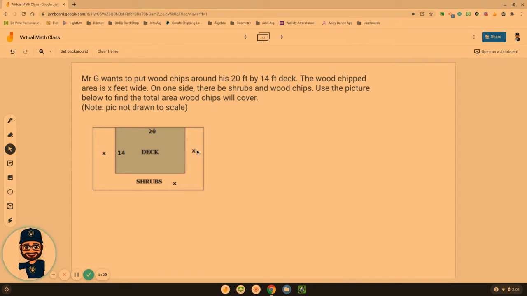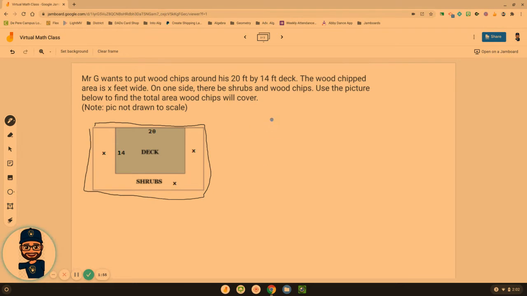Okay, so we need to figure out how much of this white space is going to be covered in those wood chips, which means we've got this whole outer rectangle here that has an area, and this blue part, which is the deck. We need to use that information to come up with the area.